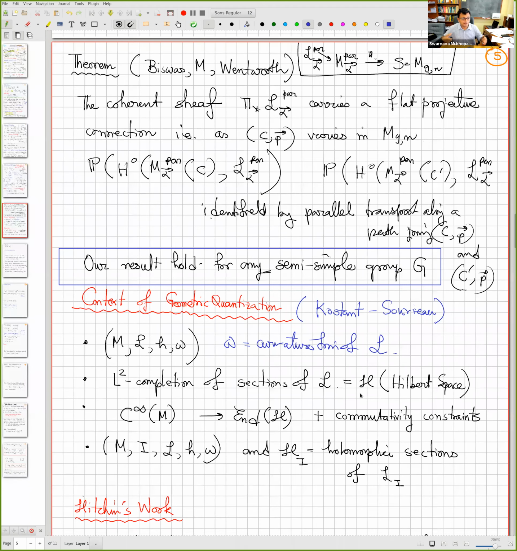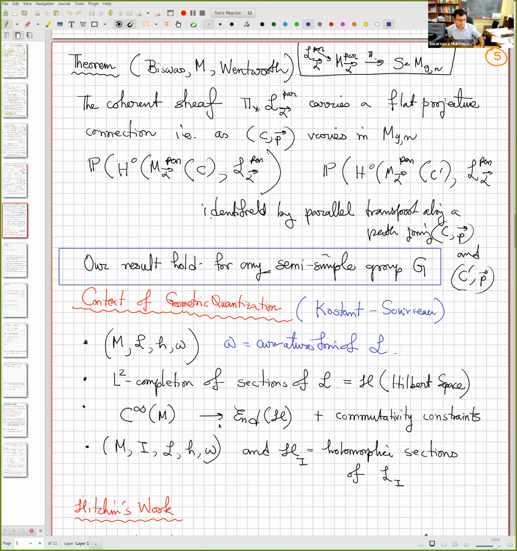The yoga of doing geometric quantization is the following. Since M is a symplectic manifold, the functions on it become a Poisson algebra, where the Poisson bracket is given by the commutator of the Hamiltonian vector fields. The process of geometric quantization says that the Poisson brackets get replaced by commutators.